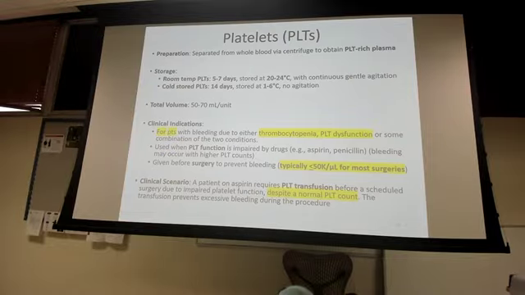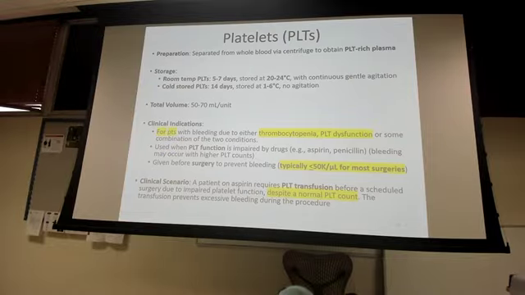So RhoGAM, that Rho-D immune globulin, prevents Rh incompatibility for Rh negative women who are pregnant with an Rh positive fetus. Between 28 to 30 weeks of pregnancy, if an Rh negative woman has an Rh positive baby, she will receive that RhoGAM shot, and it is given antepartum.